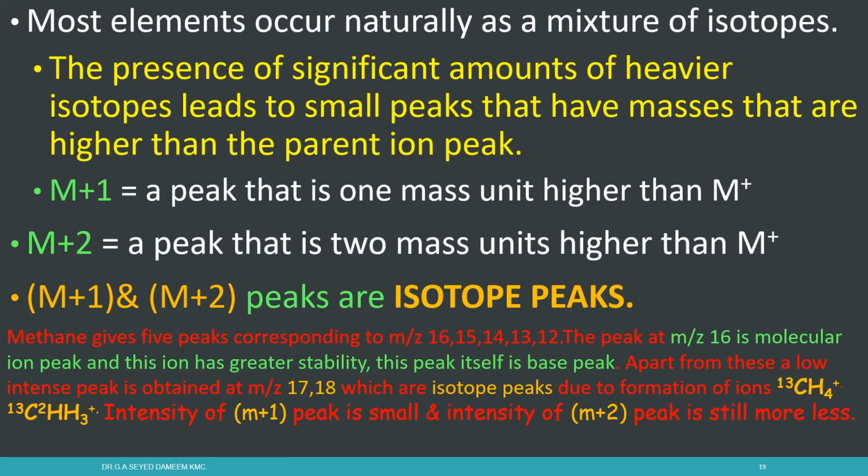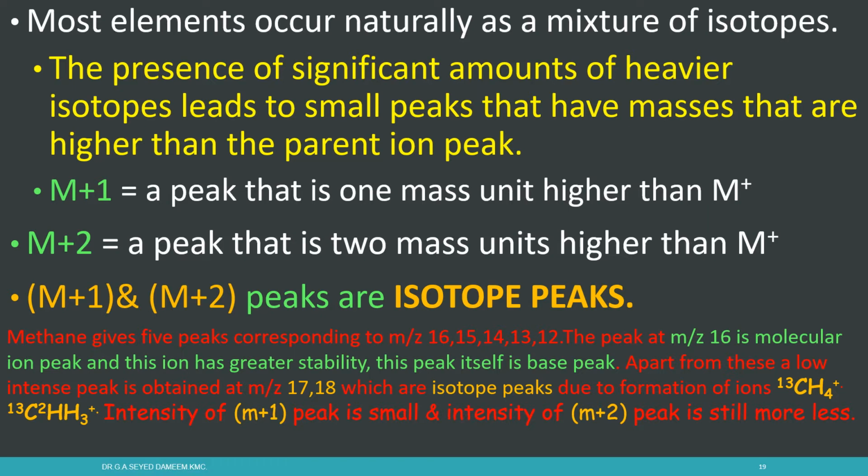These peaks with mass 17 and 18 in the case of methane are isotope peaks. The peak with m/z 17 is obtained from the ion with the carbon isotope, carbon-13, and normal hydrogen 4 times, that is C-13 H4 plus dot. This ion gives the M+1 peak, that is a peak with mass 17.